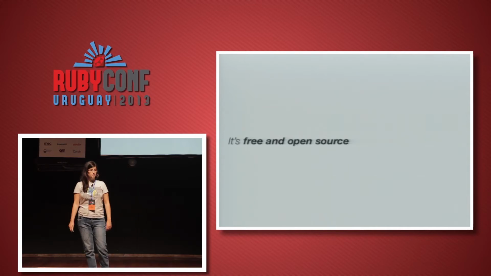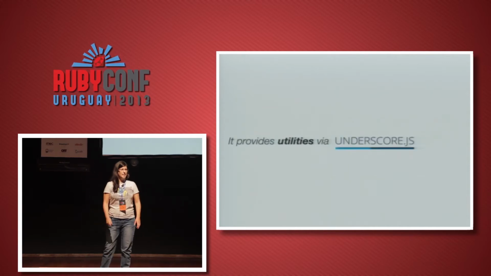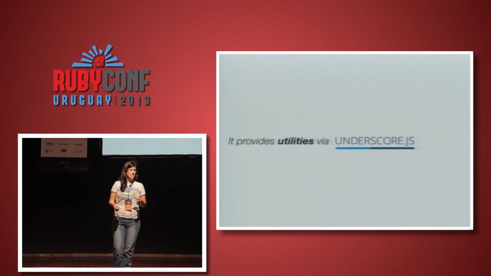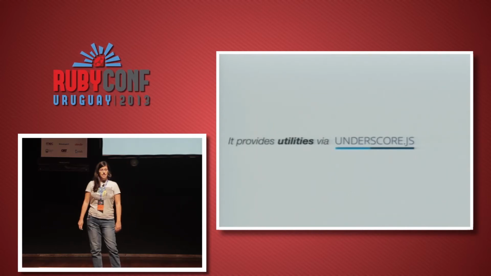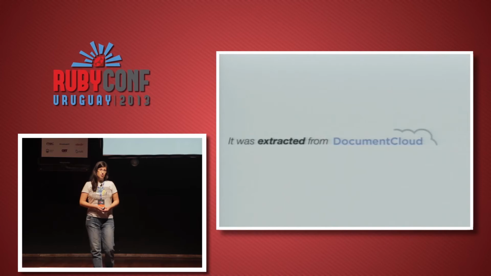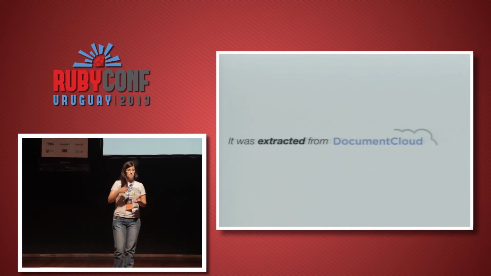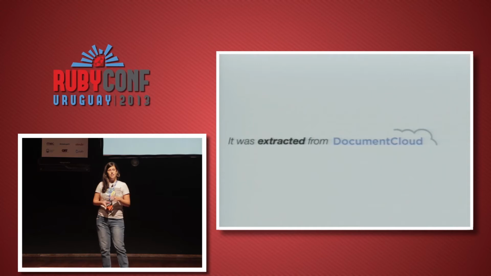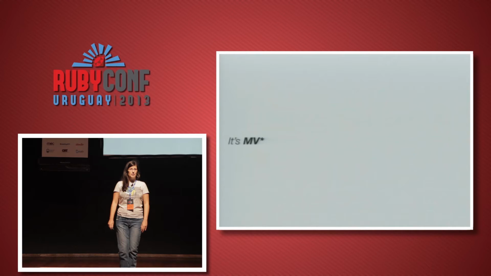It is free and it is open source. And it provides a lot of utilities via Underscore. It was extracted from DocumentCloud. Both Backbone and Underscore were extracted from DocumentCloud, and they then became open source, so quite cool.